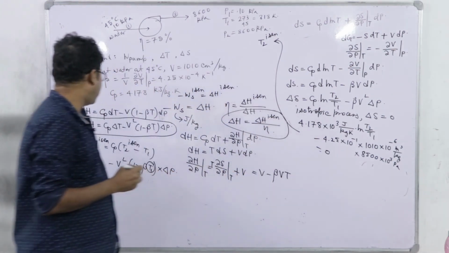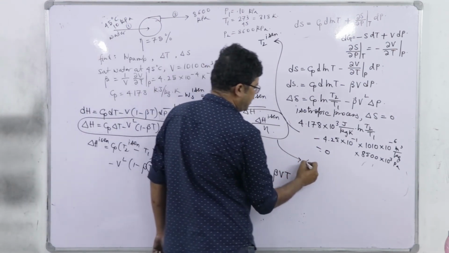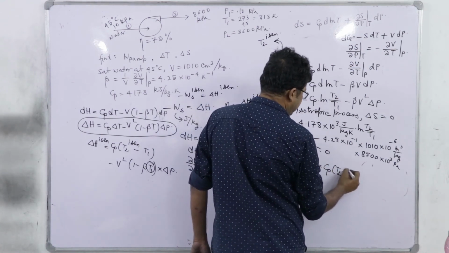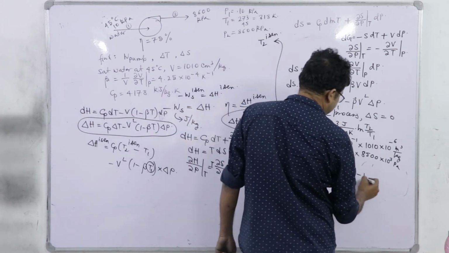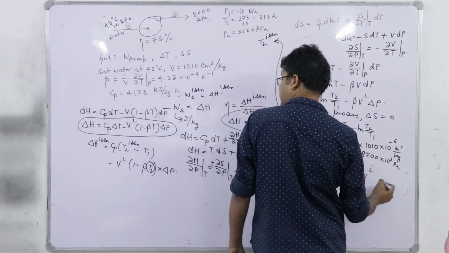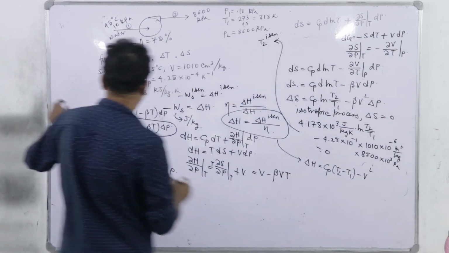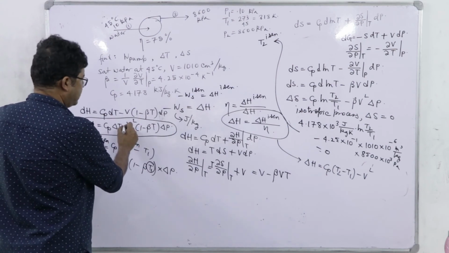So delta H isentropic by eta we have solved, and again we will use the same formula that delta H is equal to Cp (T2 minus T1) minus V L, or is this minus or plus? This will be plus, right, this will be plus.